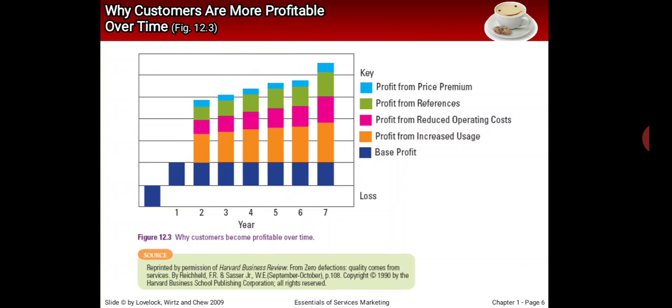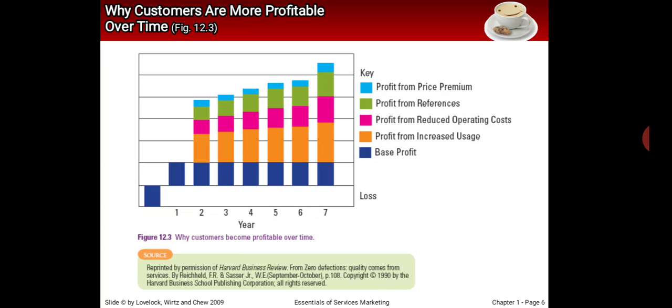Next, why customers are more profitable over time. The graph suggests the profitability of the firm and the customer loyalty. If the customer is more loyal with the firm, then it generates a huge profit in the future. Here the base profit is given, profit from increased usage is given with a yellow, orange sign.